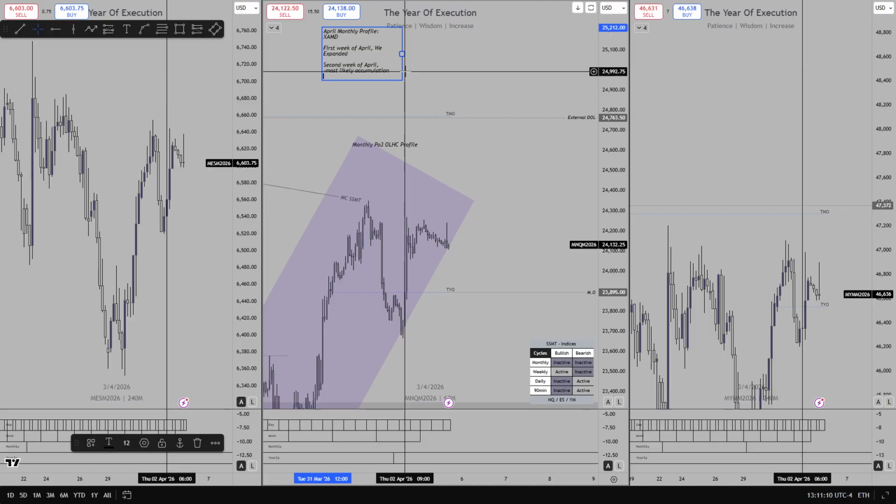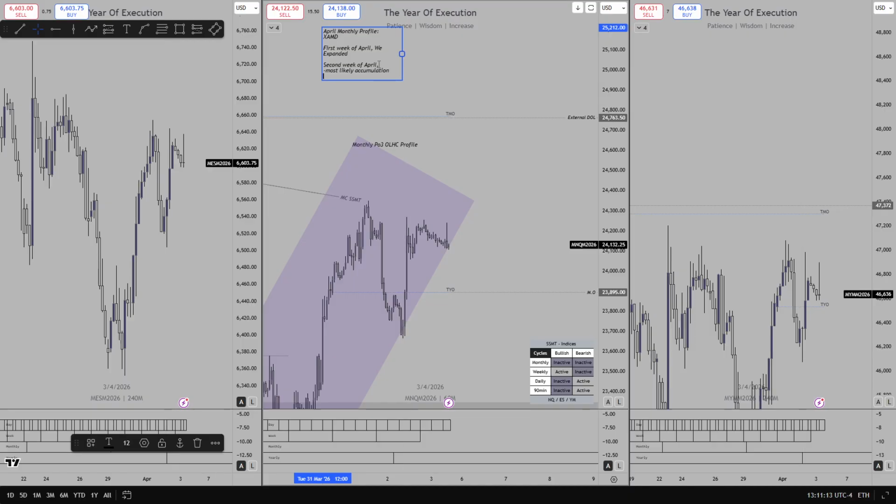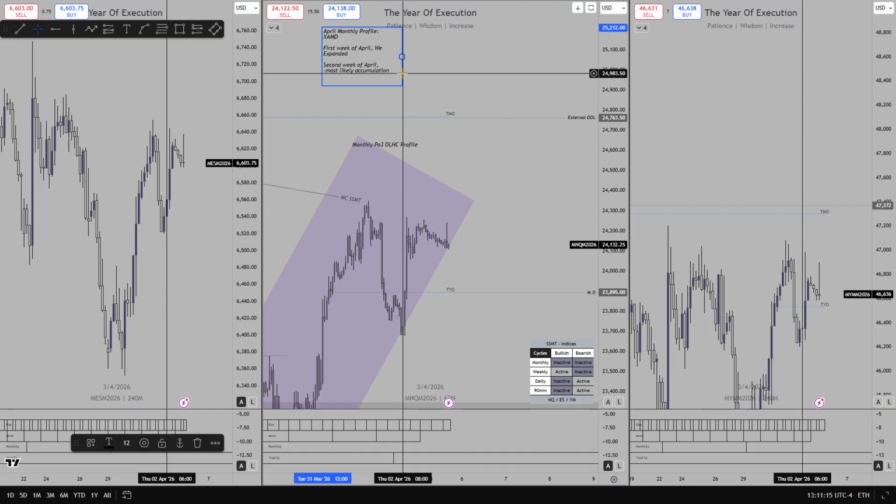Let me just write this stuff down. I'm confusing myself, but the second week is most likely going to be accumulation.